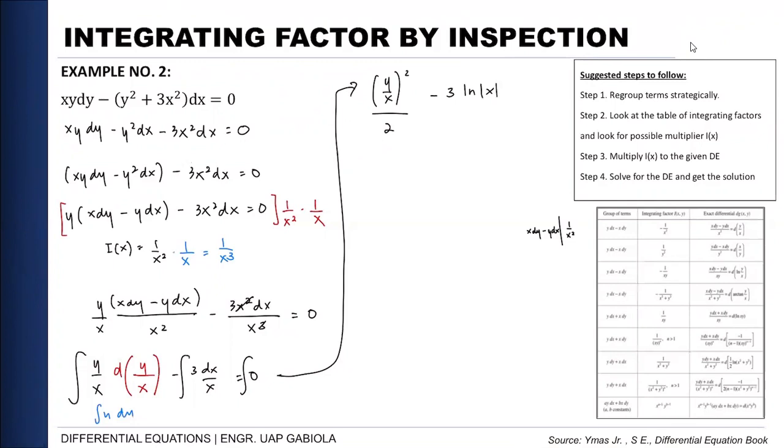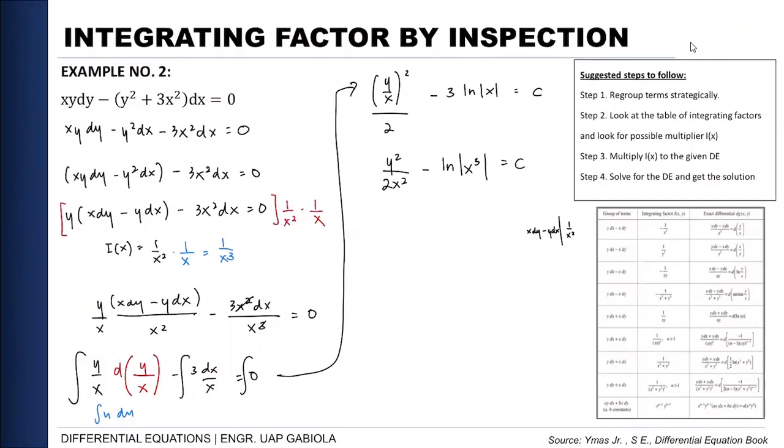Okay, dx over x is ln of x equals to c. Okay, so simplify natin. We can do this as y squared over 2x squared minus, yung property ng natural logarithm, we can actually transfer it dun sa exponent nung nasa loob. So that is ln of x cubed is equals to c.